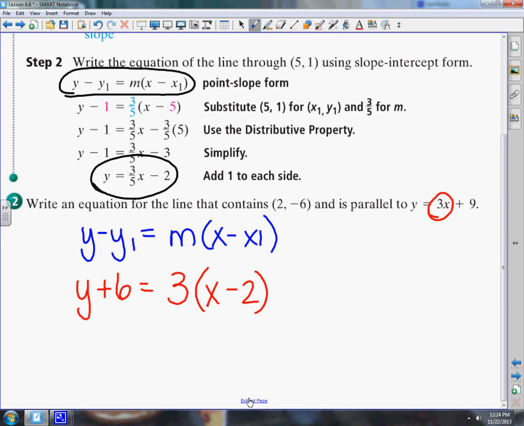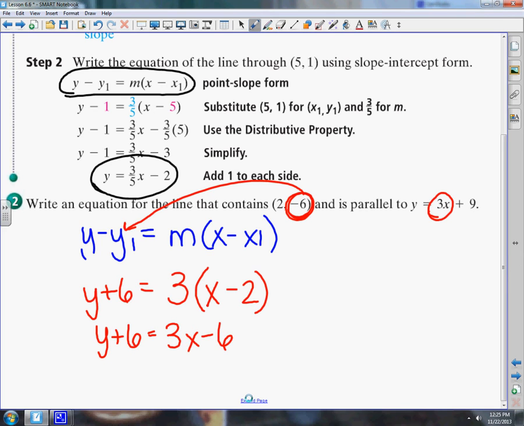Now, I put plus 6 because it really would be minus -6, so I just added the two negatives together and wrote y plus 6. Because remember, if it's a -6 and you're putting it in here, that's two negatives, so it makes it positive. So then you get y plus 6 equals 3x minus 6.